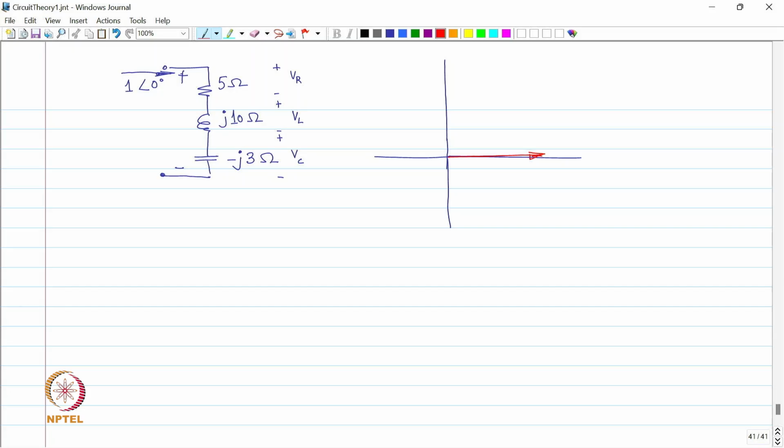V L, what is V L going to be? J times 10 units. Okay. So, it is going to be a vector, let us reduce the size of this. So, this is going to be a vector of size 10 units.